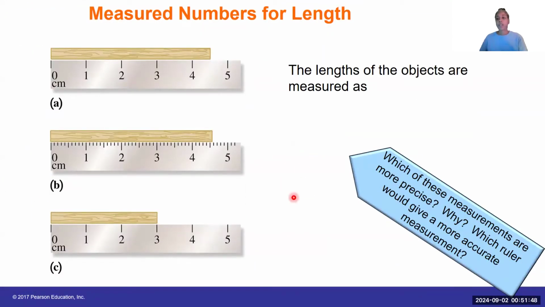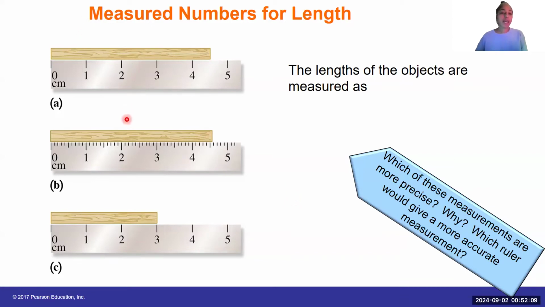Let's take a look at these 3 rulers. Which one of these rulers would you say is more precise? Why would you say it's more precise? Which one of these rulers do you think would give the more accurate measurement? Let's take a look.